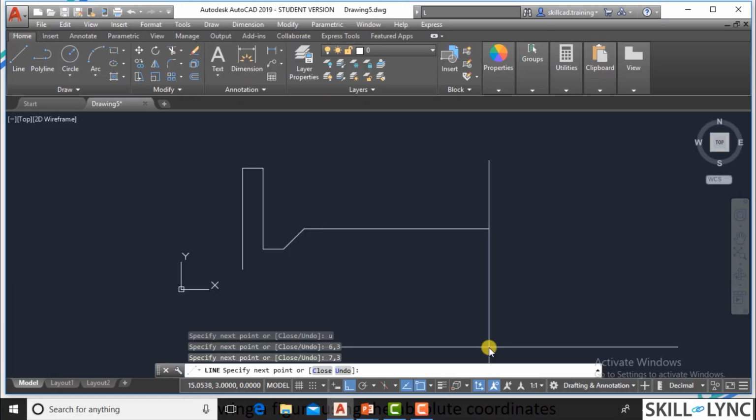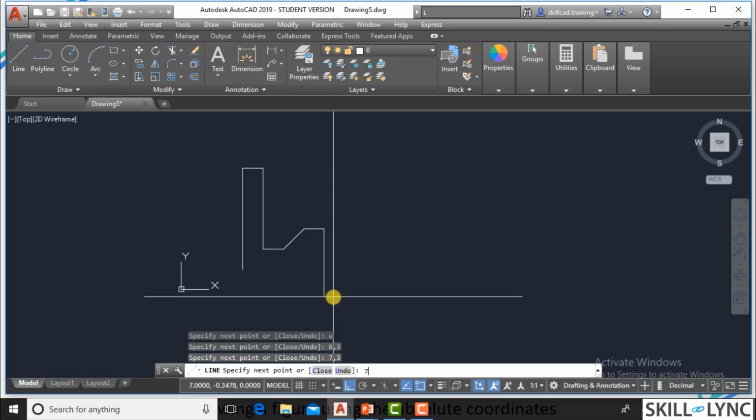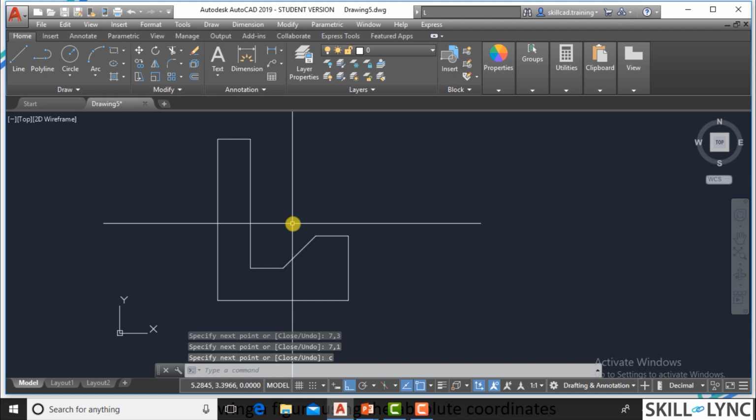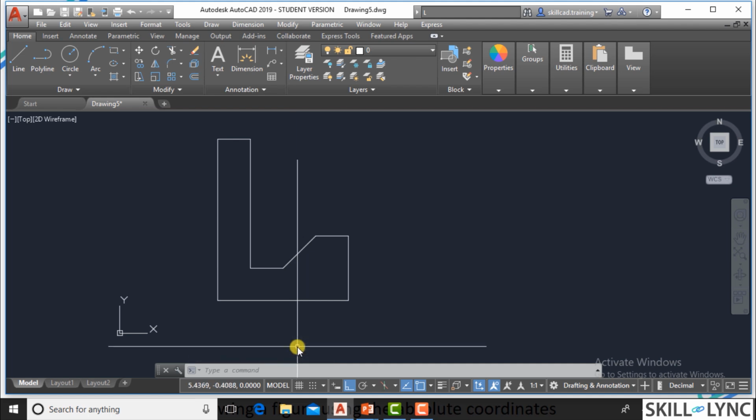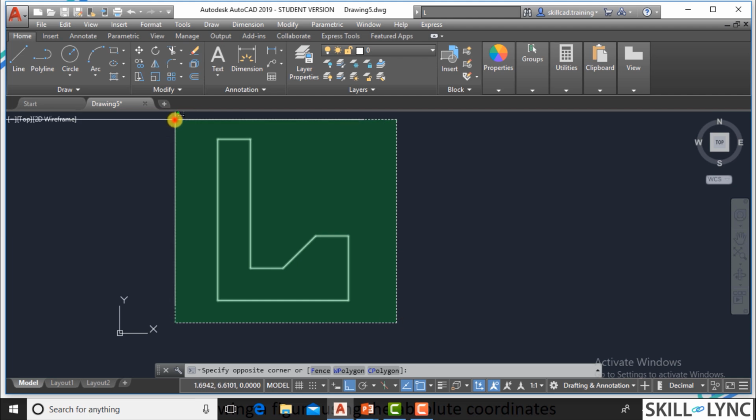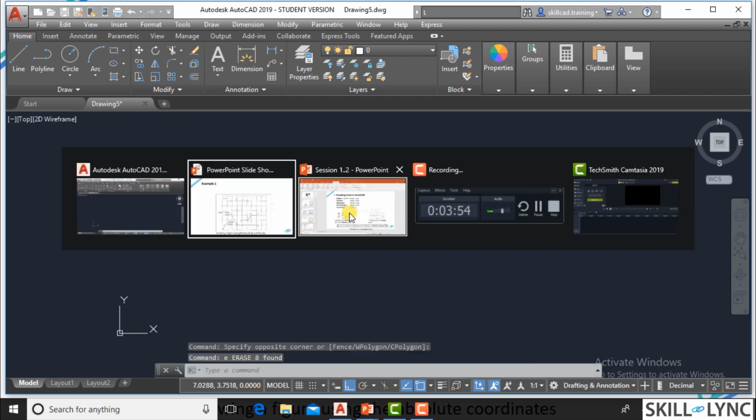So 7 comma 1 is the eighth point, and then close. Here you have to be very careful regarding the coordinate systems, and I'm sure you will do it, and you have done it.